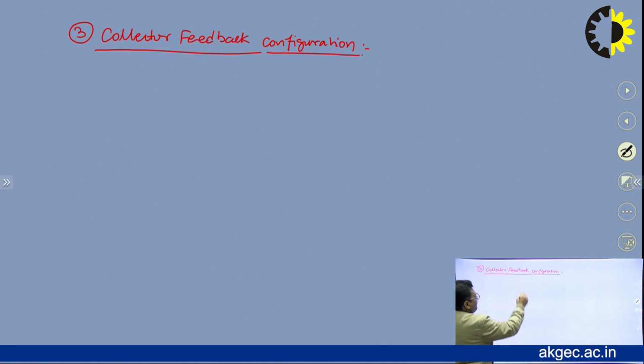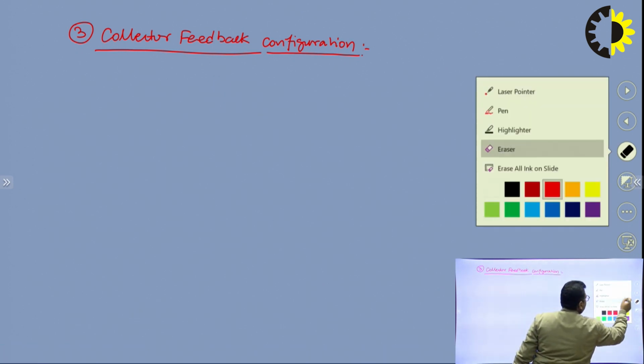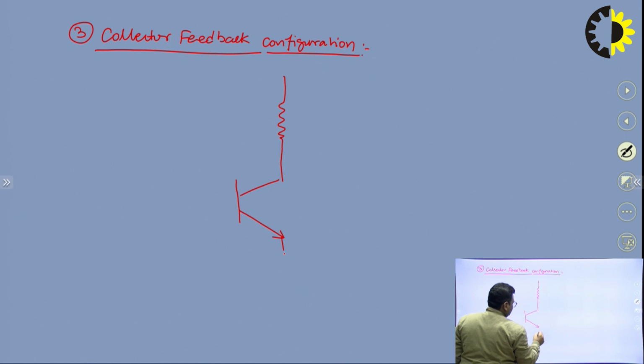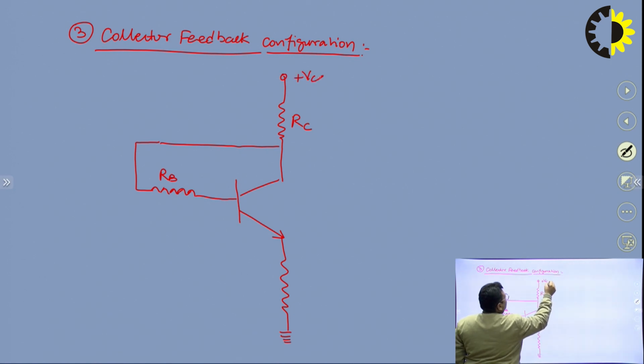And if I draw the circuit, then it will be: this is resistance RB, this is RC, here we have plus VCC, this is the base terminal, collector terminal, emitter terminal, this resistance is RE.